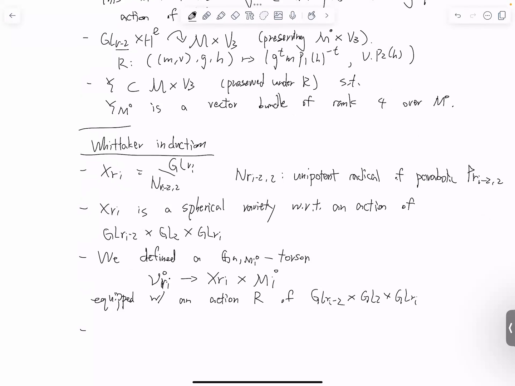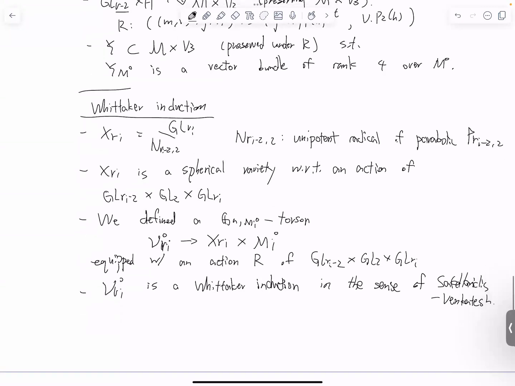So we can show that VRi circ is a Whittaker induction in the sense of security rank dash. And this is the so-called hyperspherical variety in the sense of security rank dash in the relative Langlands program they are doing now.